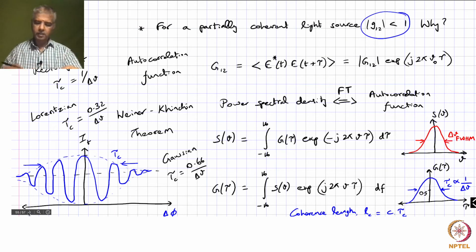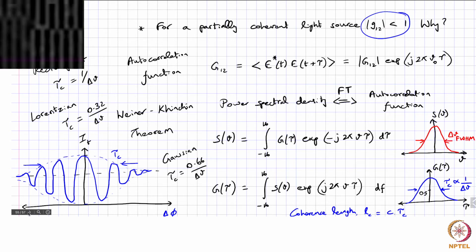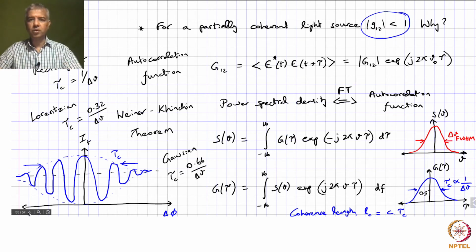Then we went a little deeper, and we started looking at partially coherent light sources and their properties. We understood that what we are actually measuring in a Michelson interferometer corresponds to an autocorrelation function, and then we said that the autocorrelation function is a Fourier transform pair with the power spectral density.